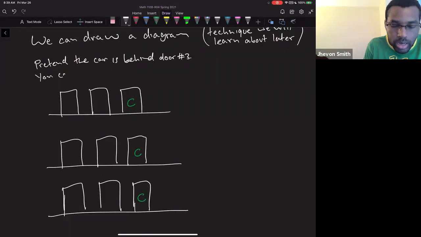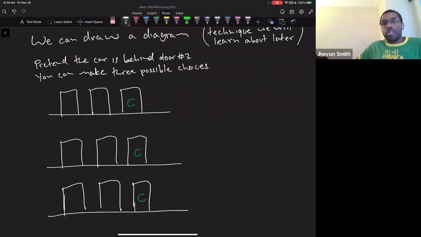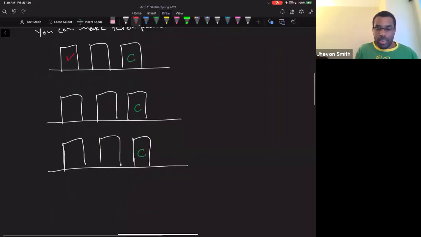You can make 3 possible choices, right? So the car is really behind door number 3. Monty doesn't tell you this, of course. He says, pick a door. And you're like, I choose door number 1, Monty. So here is the door you pick, right? So this door you picked.